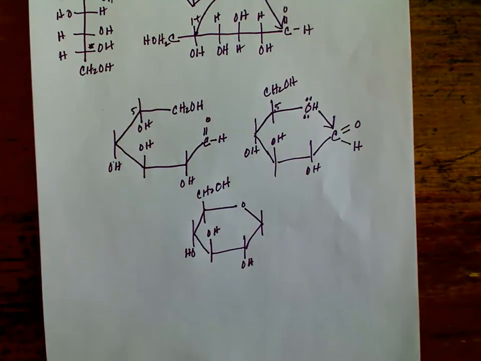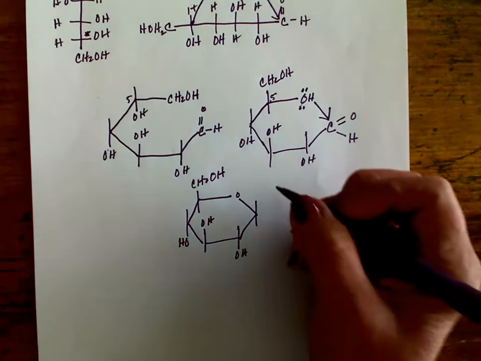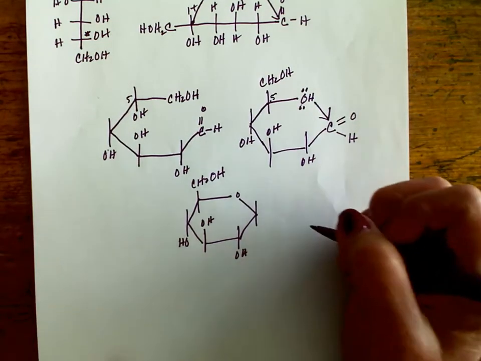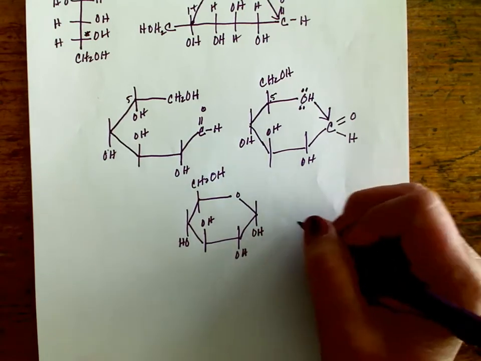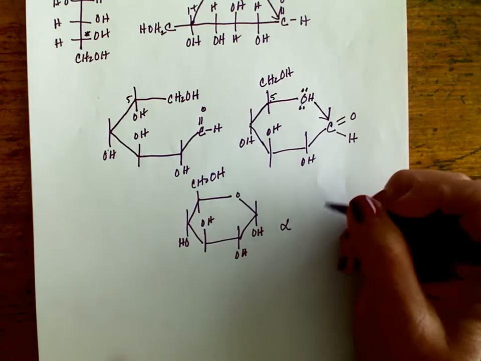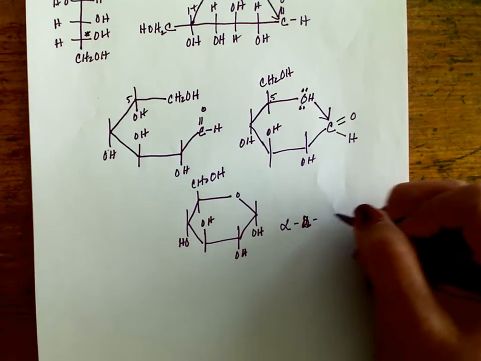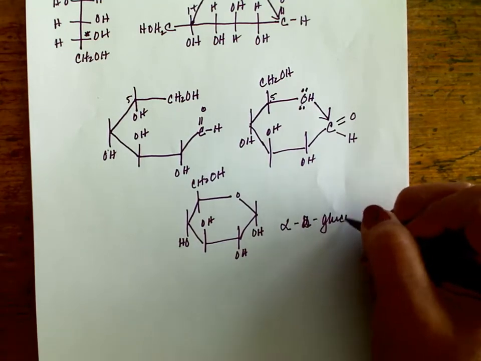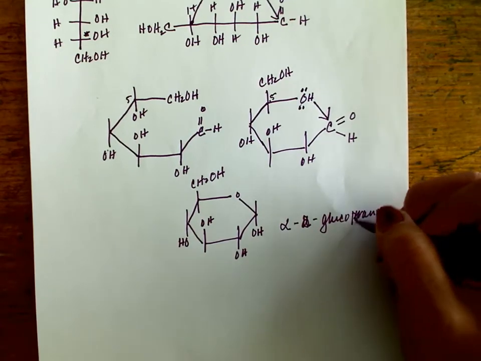Now, as discussed before, that position of that hydroxyl group could be up or down. If it's in the down position, this is alpha-D-glucopyranose.